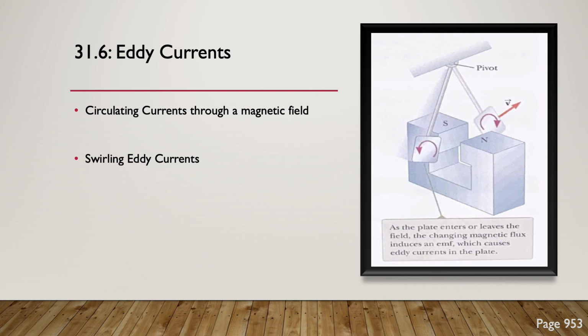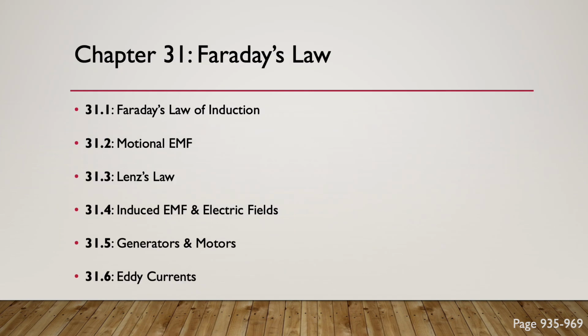For this reason, eddy currents must produce effective magnetic pulls on the plate, which are repelled by the pulls of the magnet. To read more about eddy currents, see pages 953 to 955 in Serway and Jewett's Physics for Scientists and Engineers. And that concludes it for the discussion on Chapter 31.